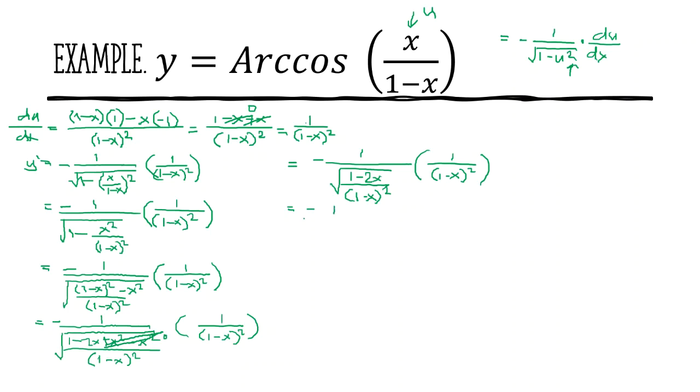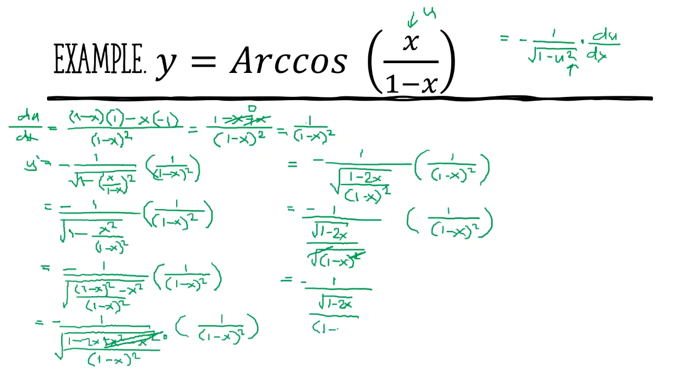So we have negative 1 all over square root of 1 minus 2x all over square root of 1 minus x squared. Then we have 1 minus x squared. So as you can see, we can cancel the square root and the squared. So what we now have left is negative 1 over square root of 1 minus 2x all over 1 minus x times 1 over 1 minus x squared.